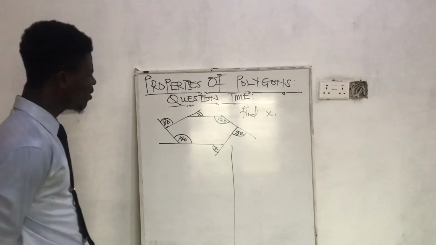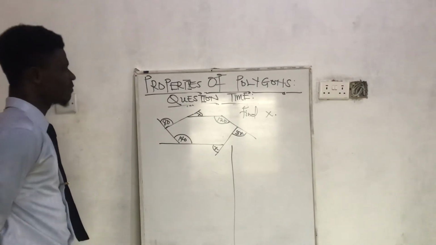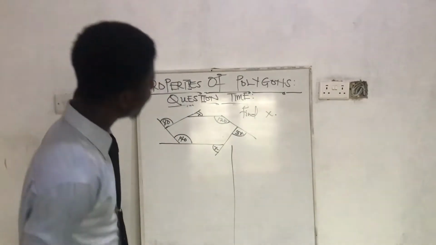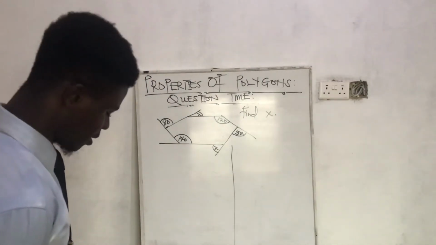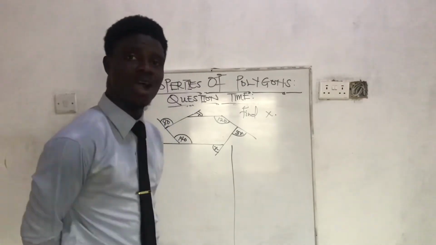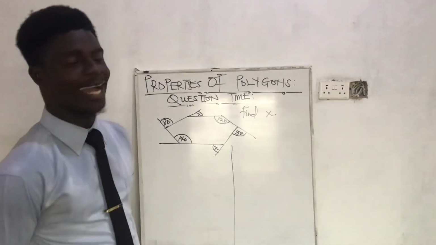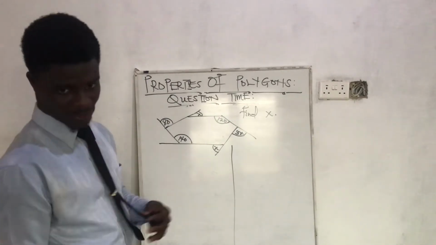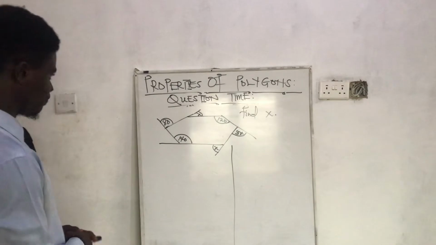We have angles inside the polygon, and also angles outside the polygon. So here, exterior angles are here, interior angles are here.